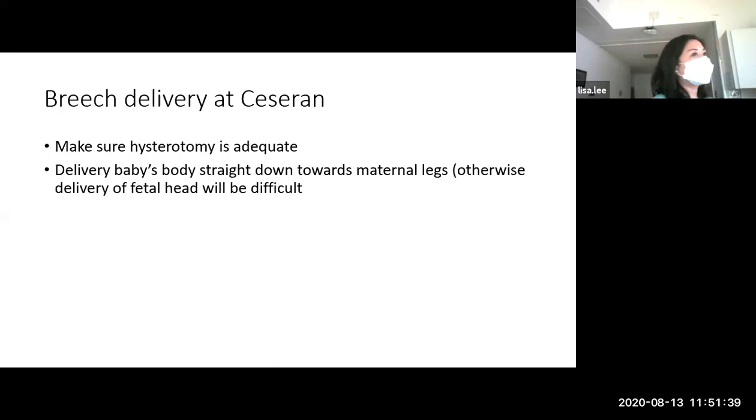Recently I had a little bit of difficulty with the delivery of a breech baby, and I figured out the problem. In a C-section, if you're delivering the baby's body, you want to pull it towards the mom's legs. If you start pulling it off to the side, what happens?